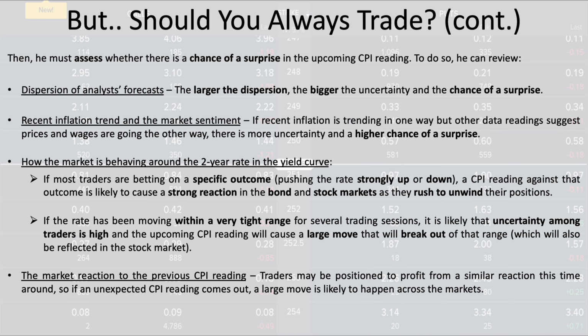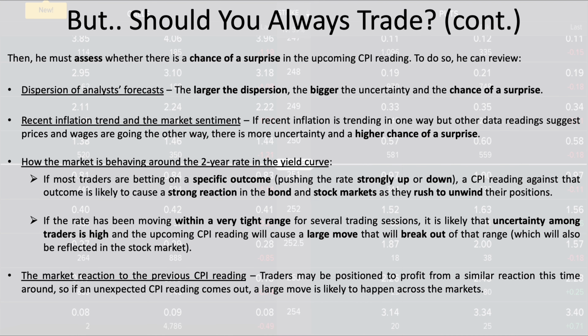These are also important pieces of information that help you assess whether a large move is likely or not so likely. And also the market reaction to previous CPI readings: whether the previous CPI readings triggered a large move or not so large a move, whether they were more in line or less in line, more surprise or less surprise.